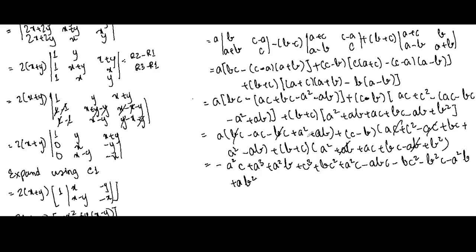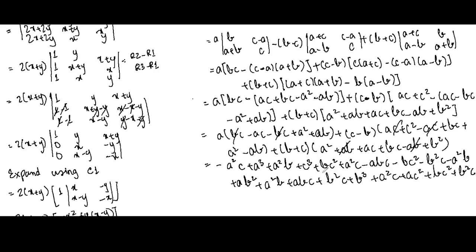Yeah. Now we are going to multiply b with this entire bracket, so we get plus a square b plus abc plus b square c plus b cube. Now c multiplied with this bracket, we get plus a square c plus ac square plus bc square plus b square c.